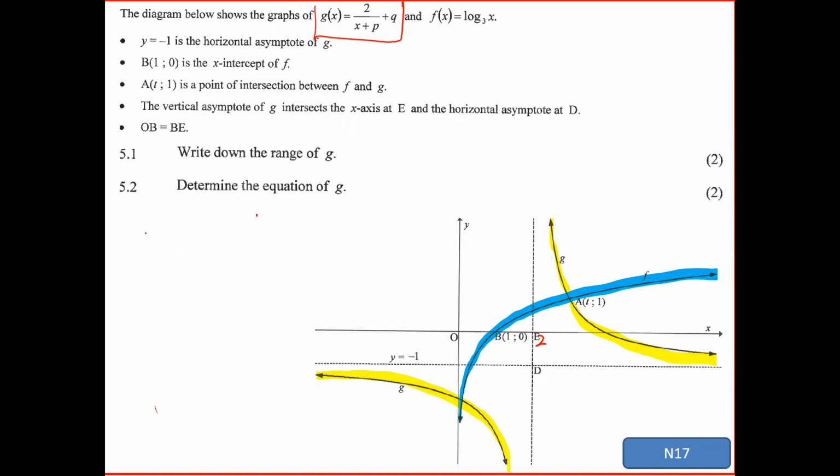So we're going to get g of x is actually equal to 2 over x minus 2. Okay. And then the q represents the y asymptote or the horizontal asymptote, which is in this case -1.